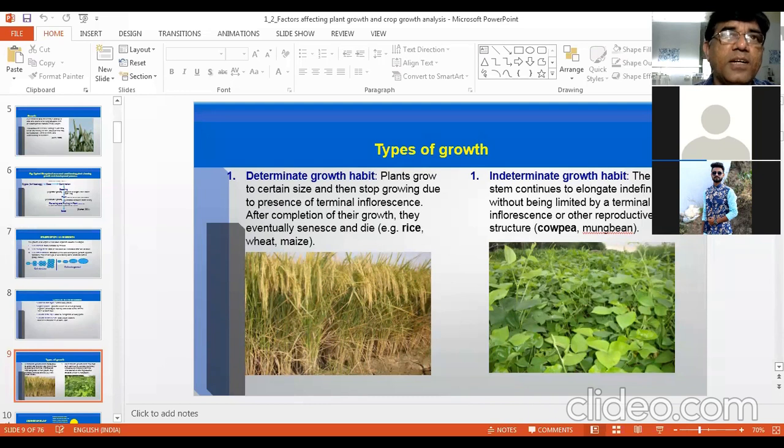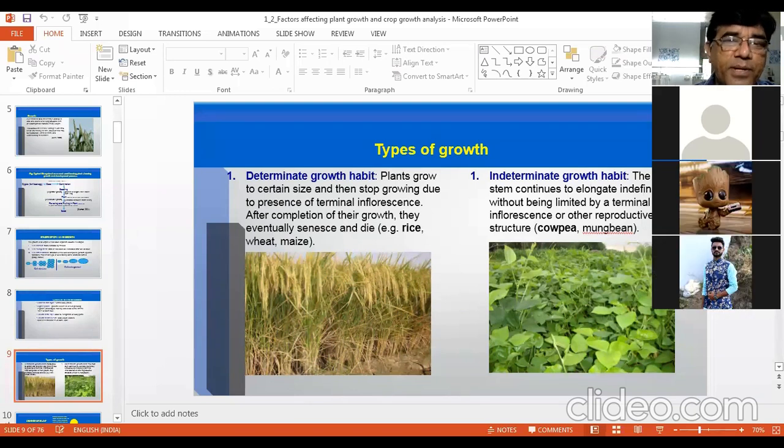Means there will be a certain period of time in the life of the plant when vegetative and reproductive stages will overlap each other, or they will go hand in hand. They will go simultaneously for a certain period of time. That is your indeterminate growth habit.